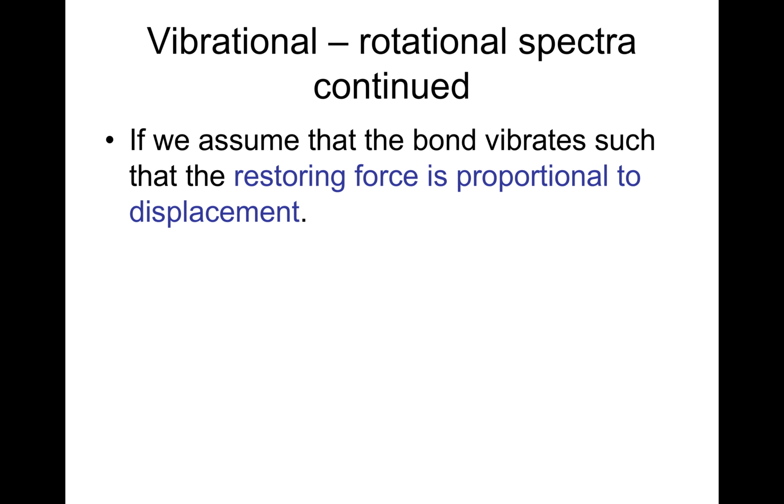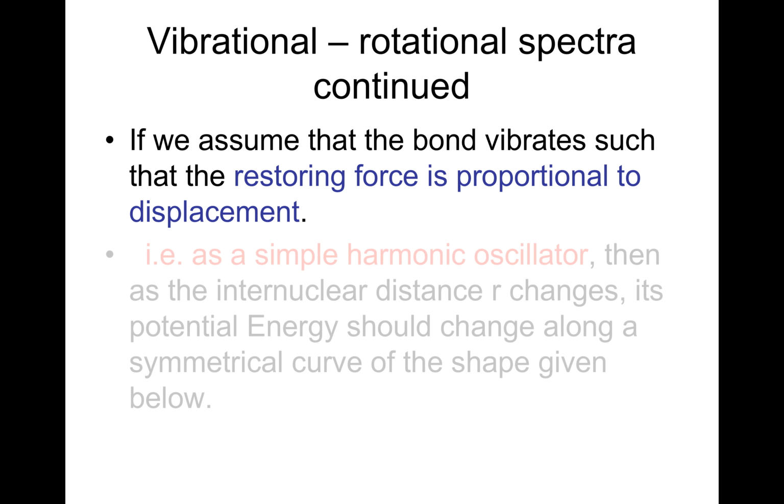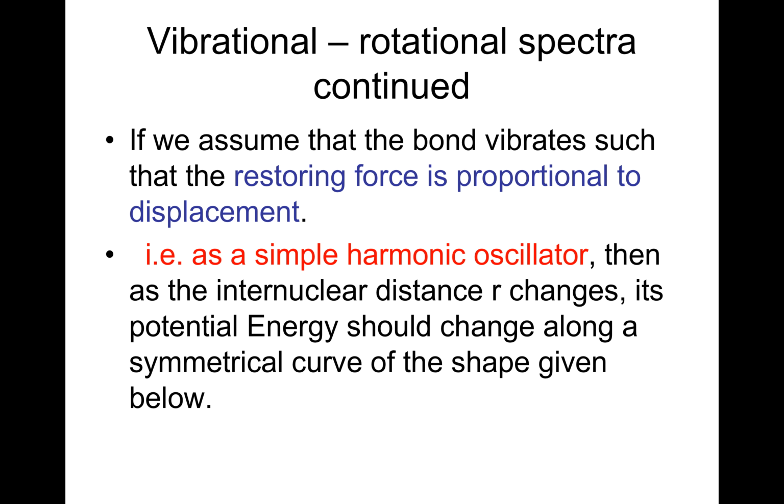Vibration rotational spectra continued. If we assume that the bond vibrates such that the restoring force is proportional to the displacement, that is, as a simple harmonic oscillator, then as the internuclear distance r changes, its potential energy should change along a symmetrical curve of the shape given below.